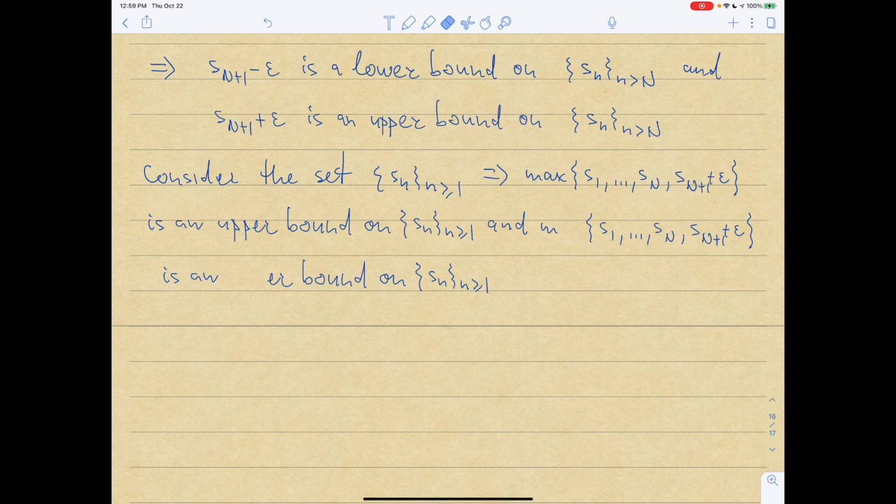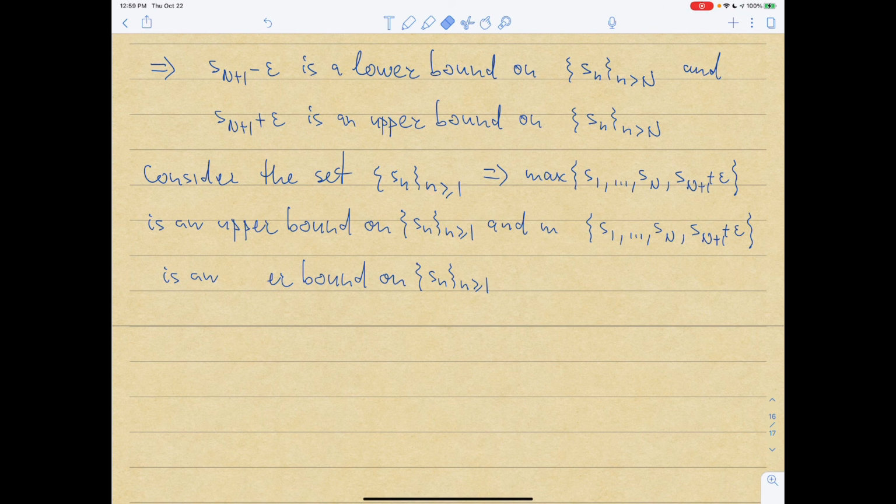If I take a subset of a larger set, then a lower bound on that subset should automatically be greater than the lower bound on the entire set, because the entire set contains more numbers.